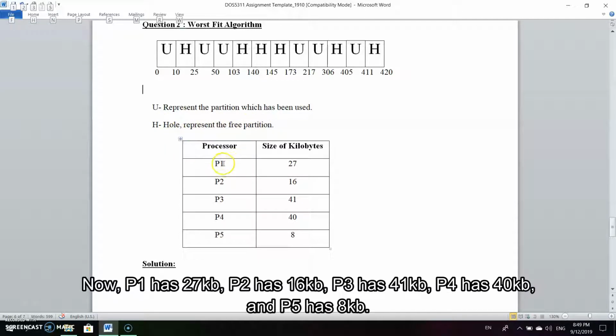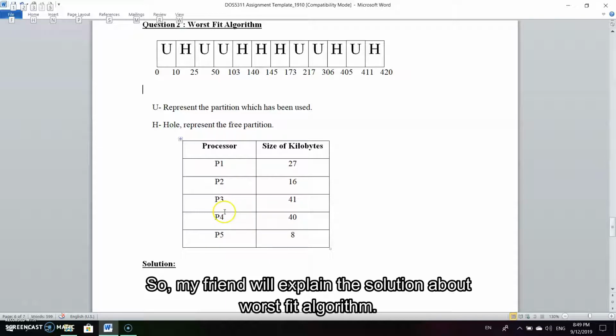Now, processor 1 has 27 kilobytes, processor 2 has 16 kilobytes, processor 3 has 41 kilobytes, processor 4 has 40 kilobytes, and processor 5 has 8 kilobytes. So, my friend will explain the solution about the worst fit algorithm.